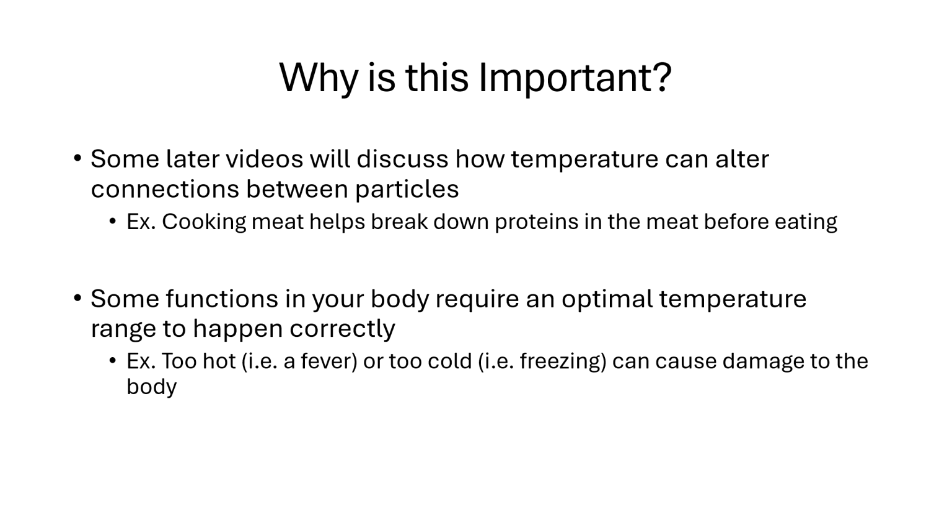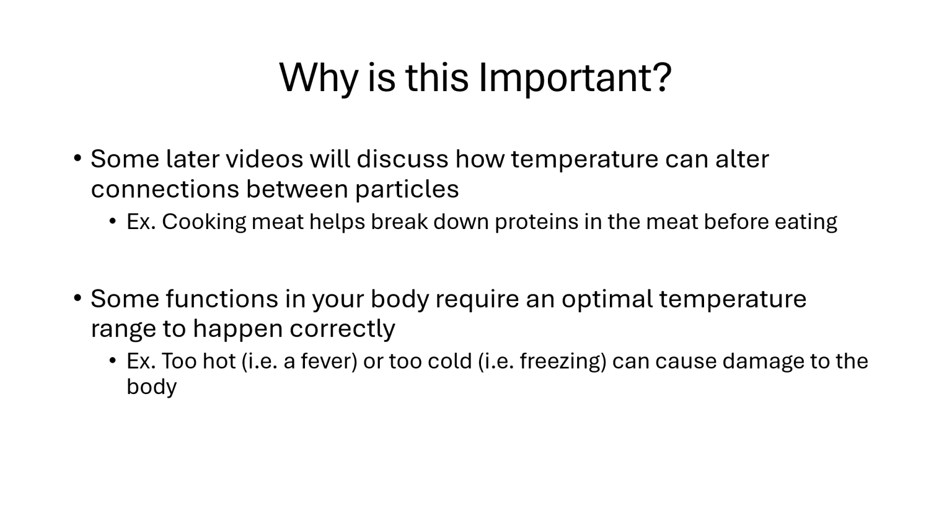Also, and this is very, very important, there are some functions your body needs to perform at an optimal range of temperatures. So being too hot, like when you run a fever while you're sick, and especially a dangerously high fever, or if you're too cold, like you are freezing from exposure, that can cause damage to your body because of what they can do to pieces of it.